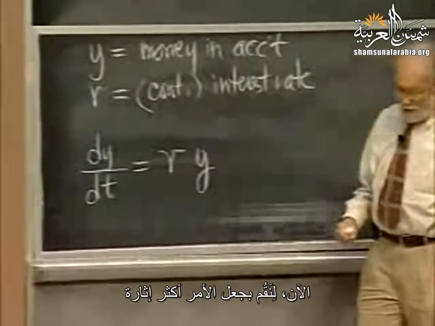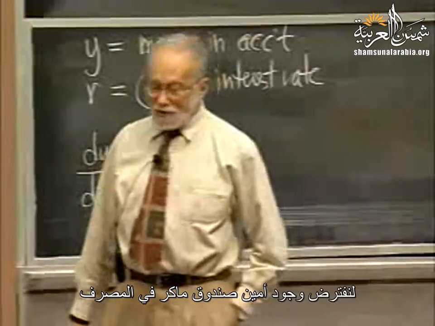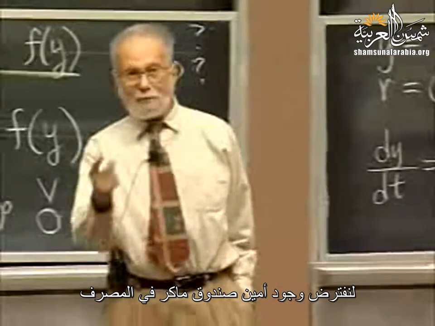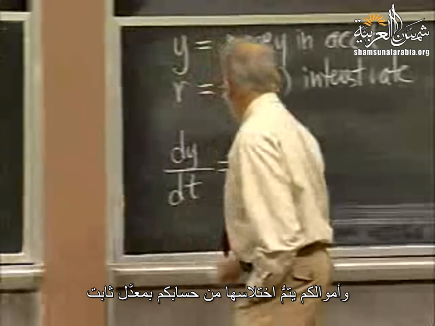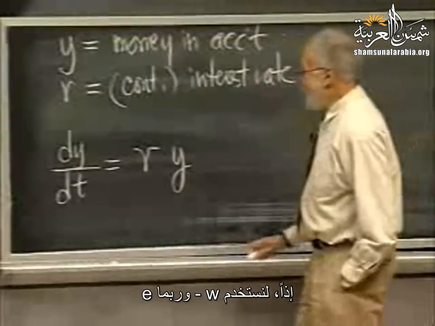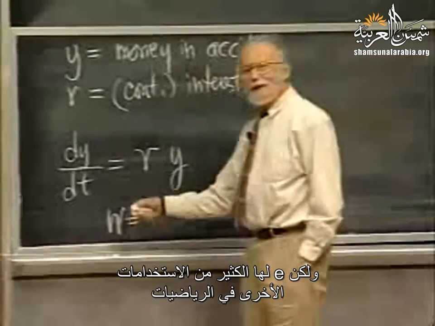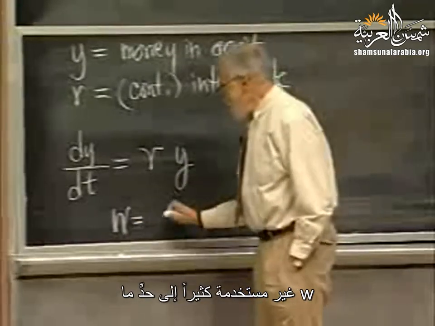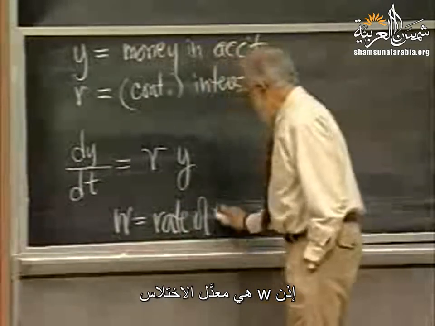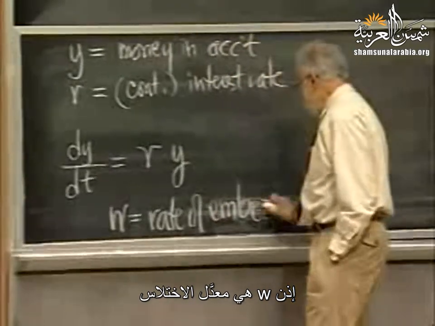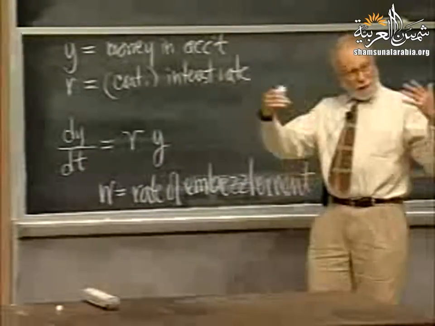Now, let's make it more interesting. Let's suppose there's a shifty teller in the bank, and your money is being embezzled from your account at a constant rate. So let's let W equal, or maybe E, but E has so many other uses in mathematics. W is relatively unused. W is the rate of embezzlement, thought of as continuous.